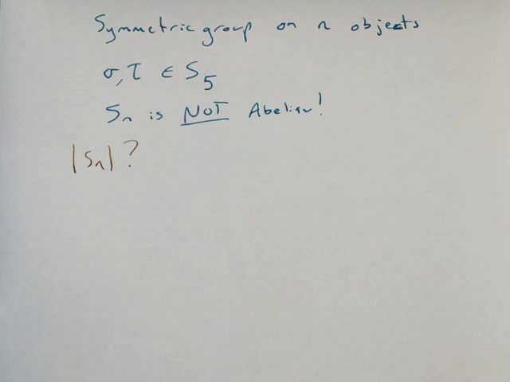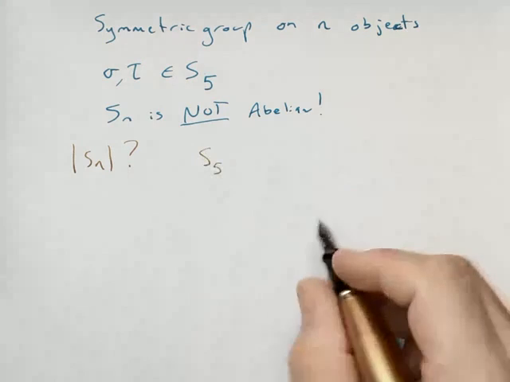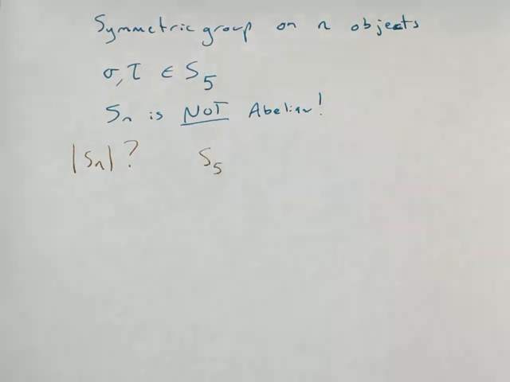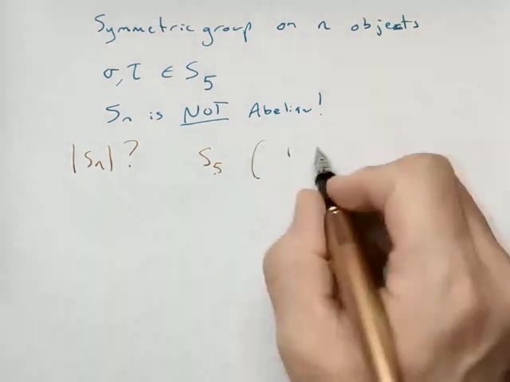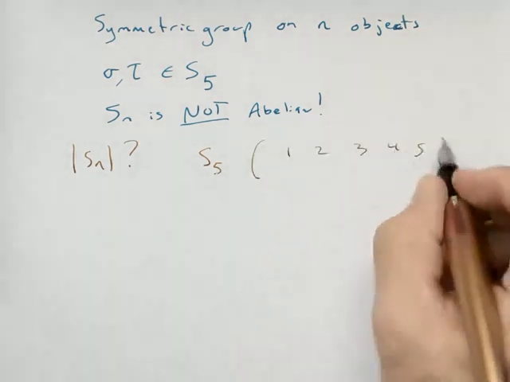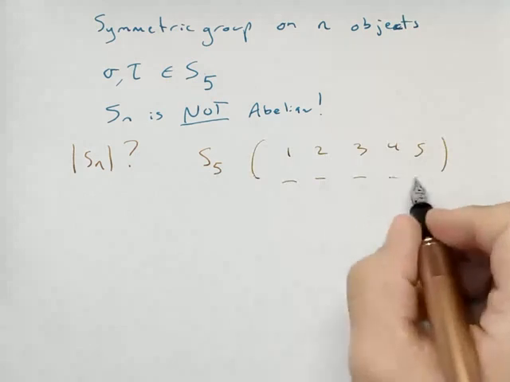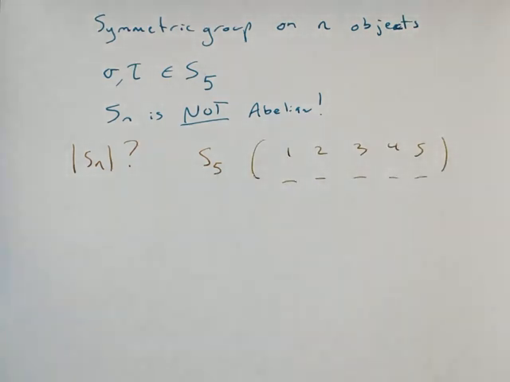But let's think about the way that would work, right? If I'm looking at S5, or even if I'm looking at S2, because we started with S2, right? I want to know how many ways you can fill in those blanks. Now, what you said is 5 to the 5th, right? Which means 5 in the first spot, 5 in the second spot, 5 in the... But that would allow me to repeat things, wouldn't it? My function wouldn't be one-to-one anymore.